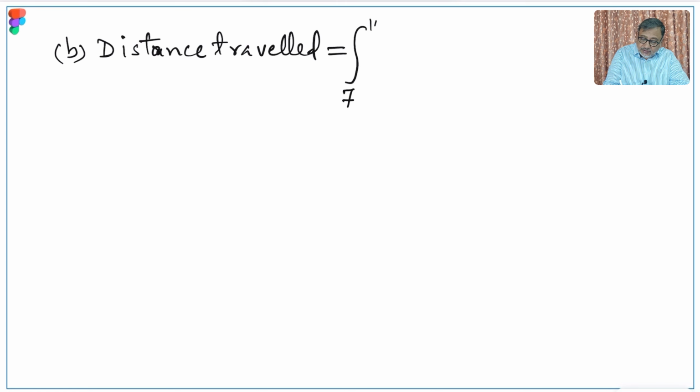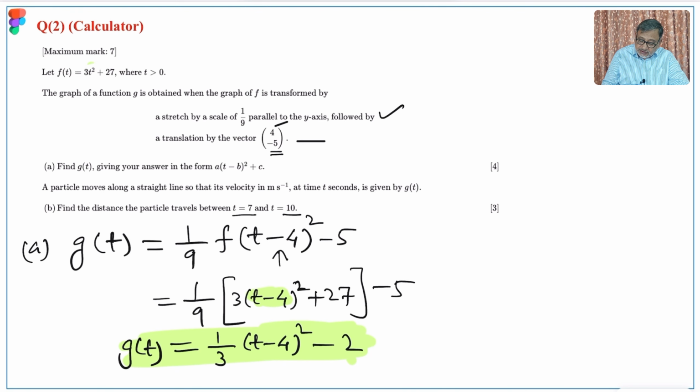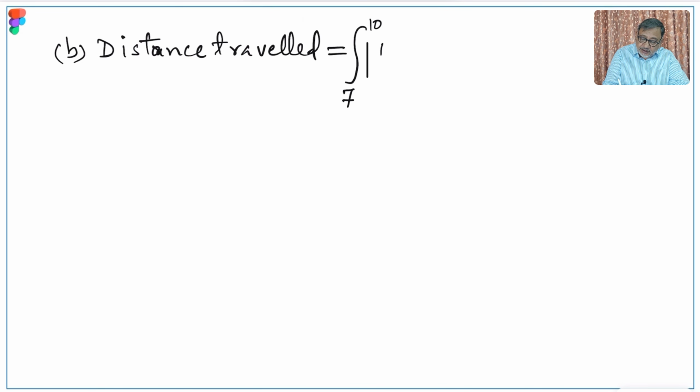Now I will put the modulus for the whole g function. So the g function is 1/3 (t minus 4) squared minus 2. Everything will be inside the modulus so that we get distance traveled.